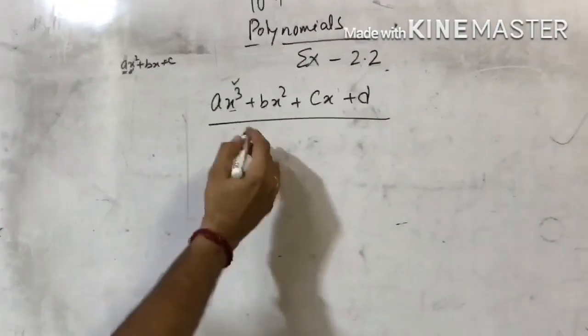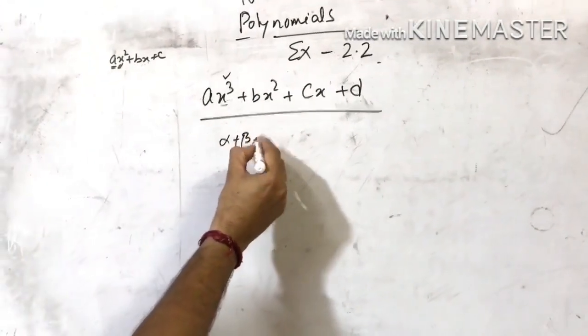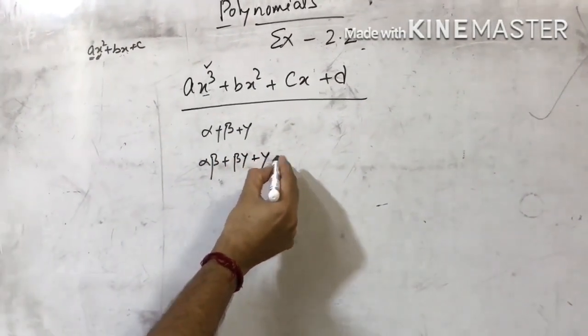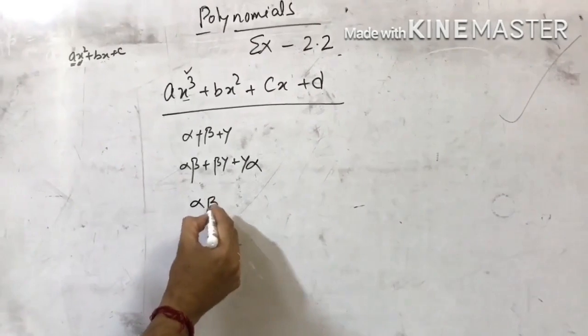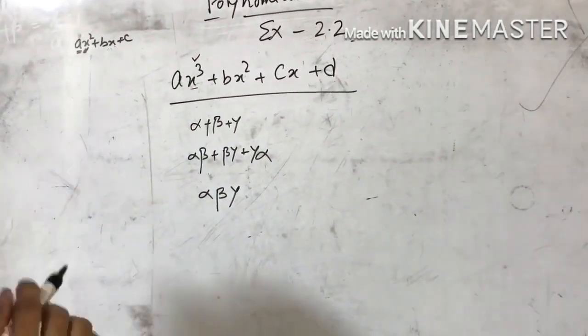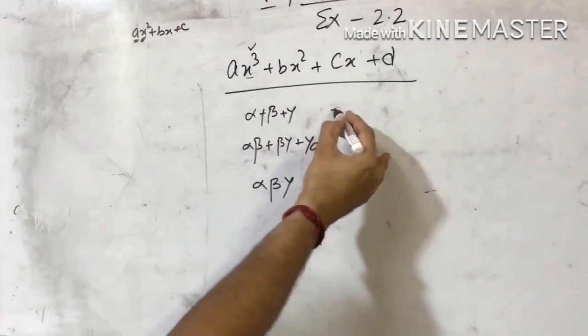So they will change. Here also you have the sum of roots, sum of product of roots, and product of roots, because there are 3 roots since it is a cubical equation. So alpha, beta and gamma. What will be the formula?